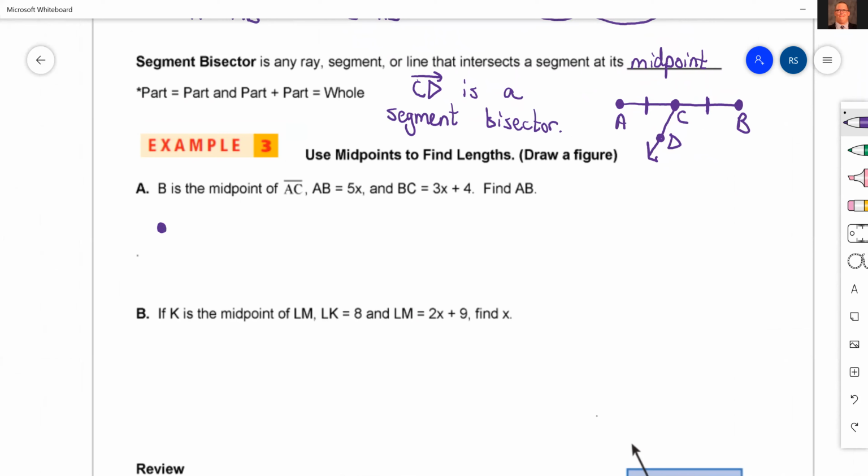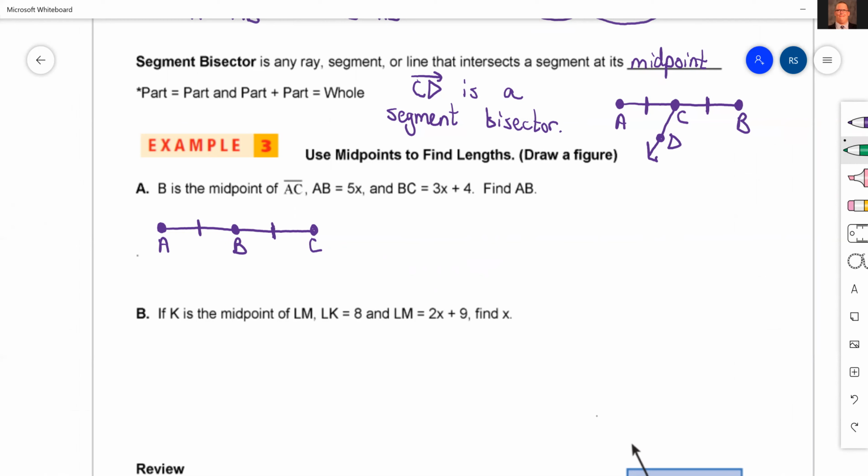So I'm going to draw AC. It tells me B is exactly in the middle. So that means AB is congruent to BC.